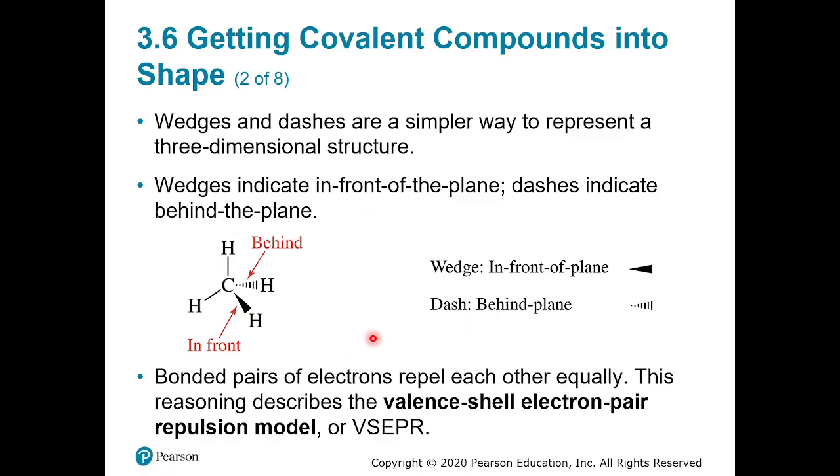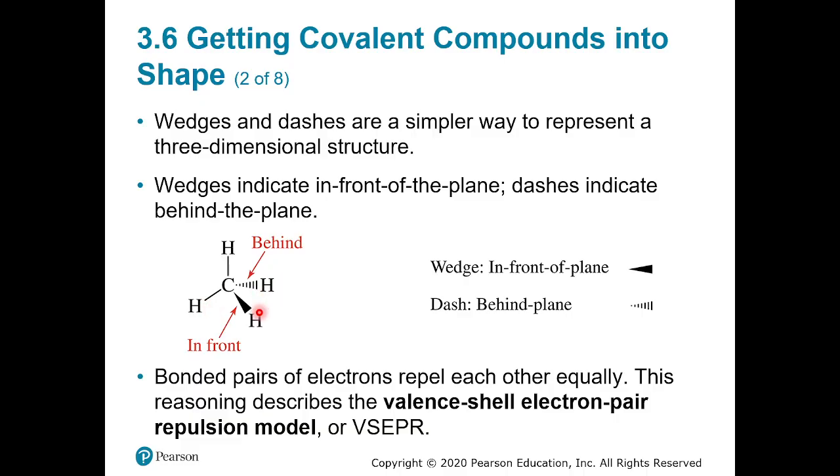Okay, so let's look at how we can write this in 2-dimensional space. We're going to use what's called wedges and dashes. This is how you can write a 3-dimensional structure on 2-dimensional paper. The flat line represents bonds that are in the plane of the paper. Okay, they're just flat. The wedge here is coming out towards you.